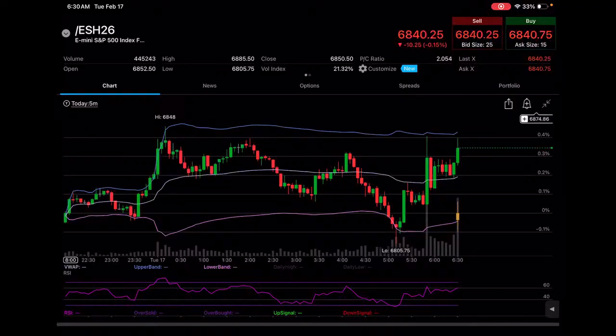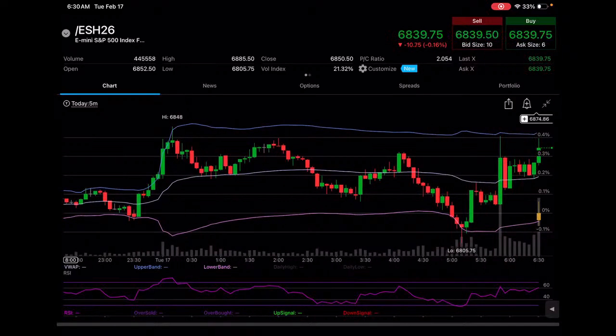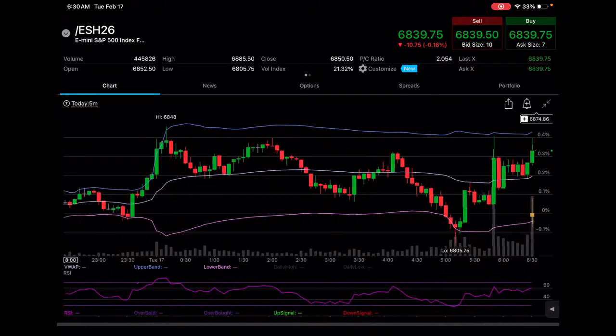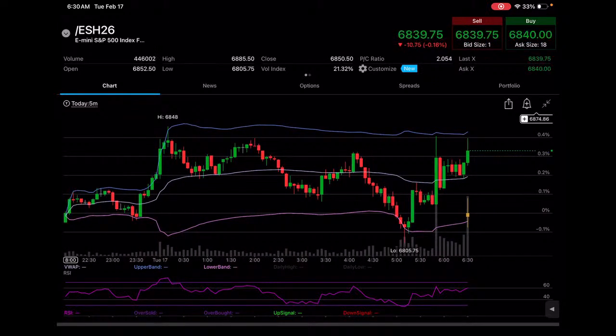Okay, so we've started above the VWAP line, but we never make a trade at the open. We see a lot of fakes. This is not a true commitment to what our smart money team is doing.